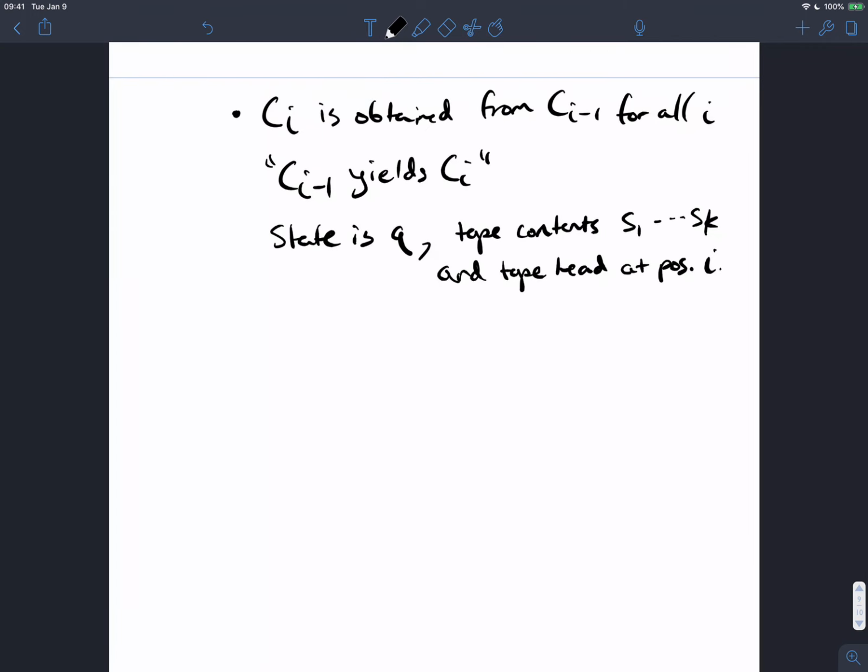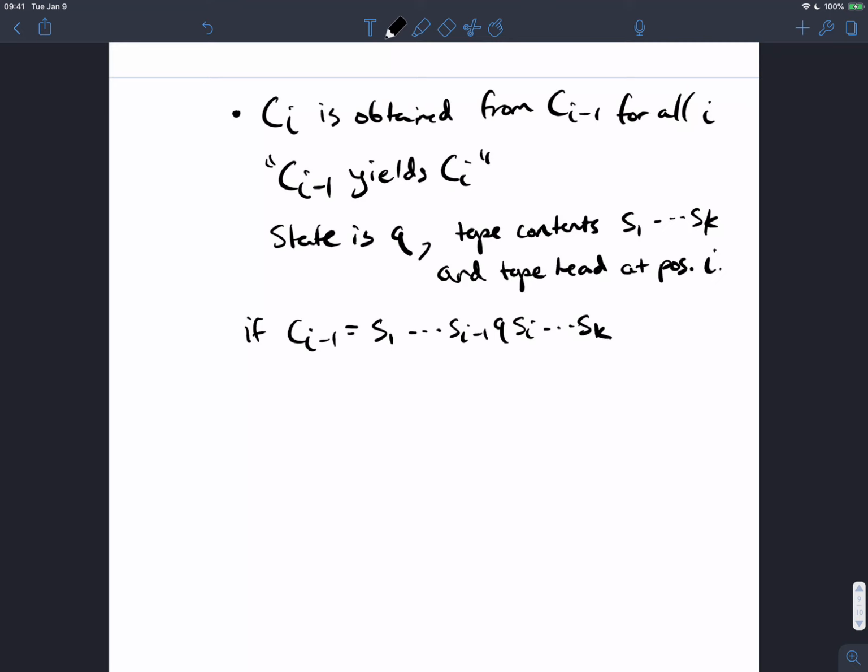And then let's see what happens. So let's say that CI minus 1 is S1 through SI minus 1, Q, SI, through SK, because that's just the information that we assumed.